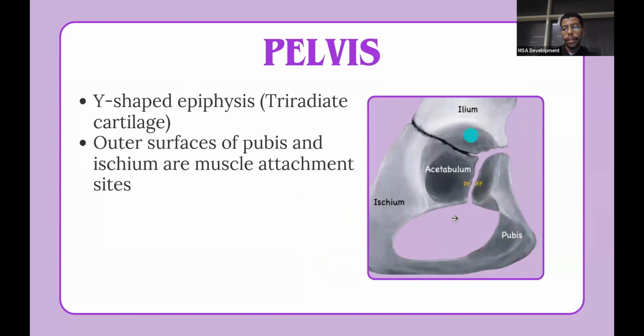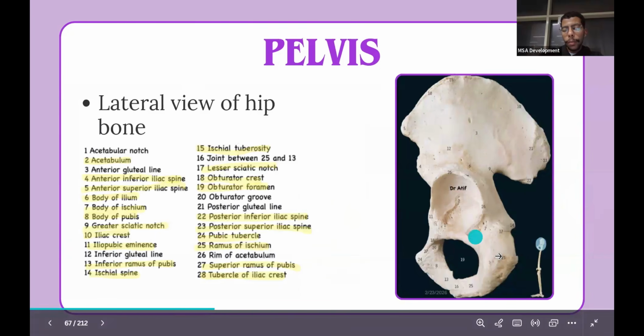This is your acetabulum, this round circle, in which the head of the femur goes. Then we have the ilium on top, the ischium here, and the pubis. Again, this is just another view. Now, the outer surfaces of the pubis and the ischium form attachment sites for muscles, specifically the thigh muscles.